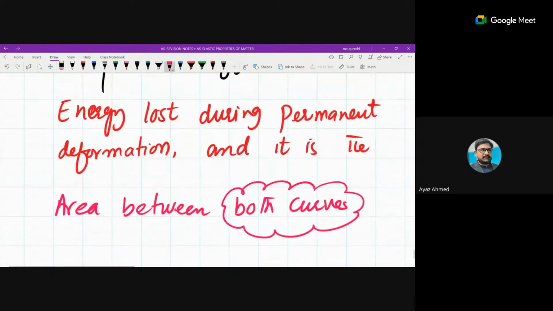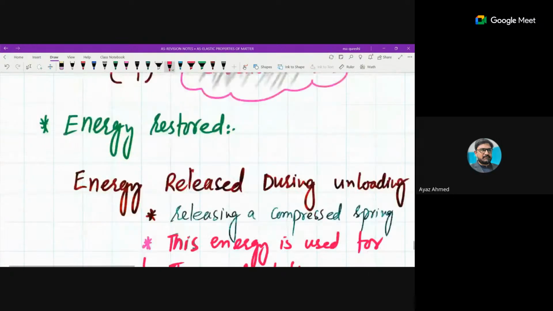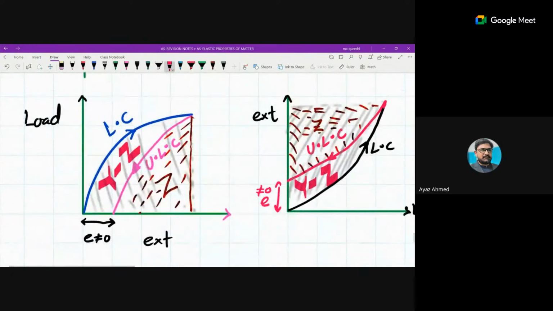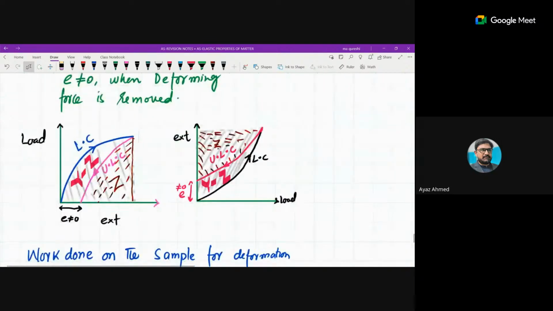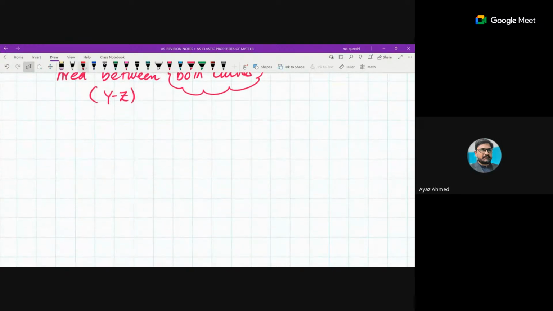So here I'm going to mention it Y minus Z. Is it clear to you? Here that is Y minus Z. That is the energy which you cannot get back. But is it clear?